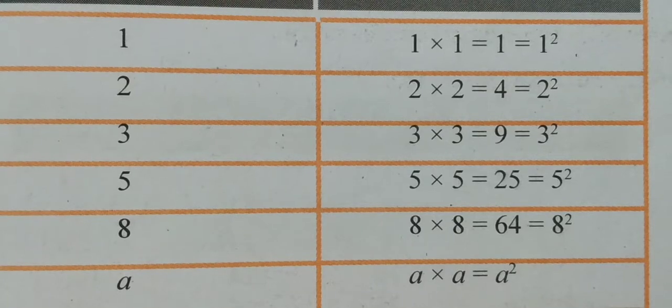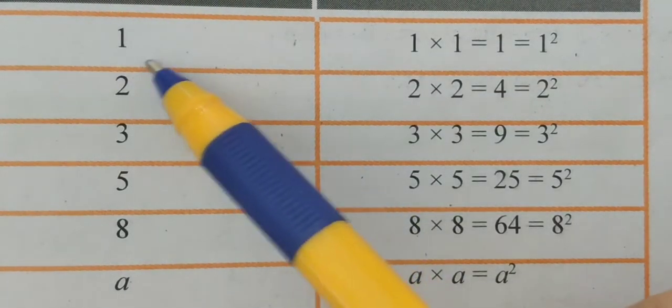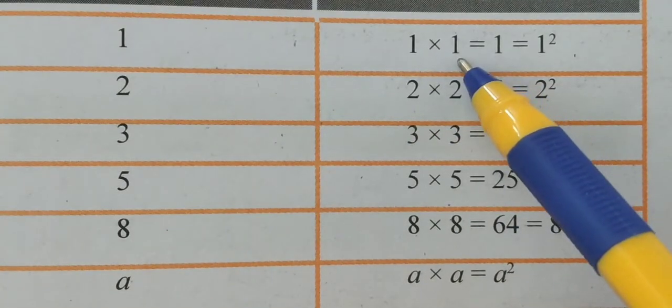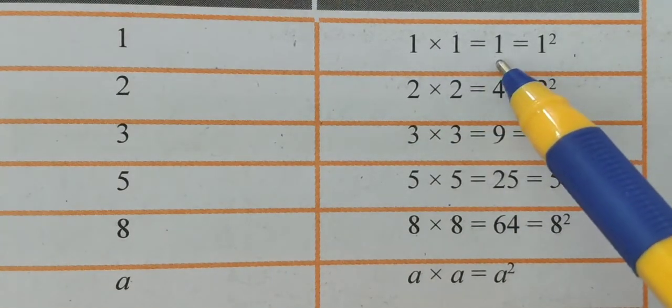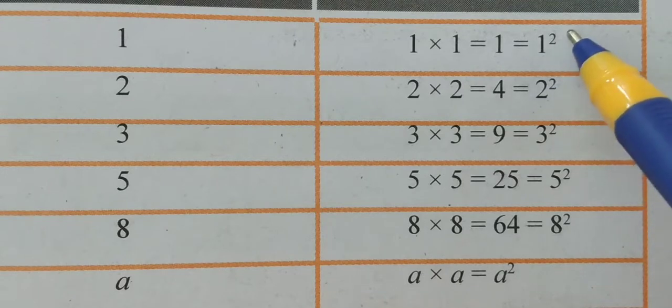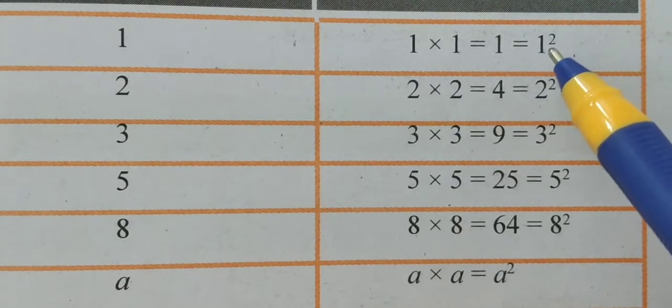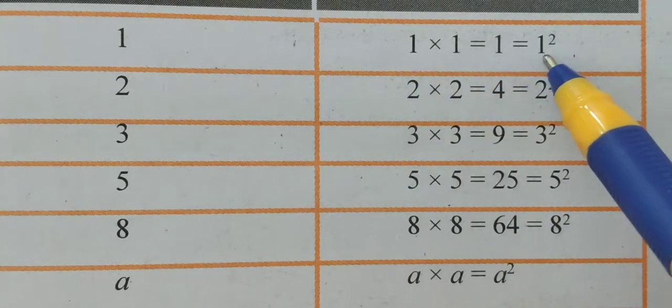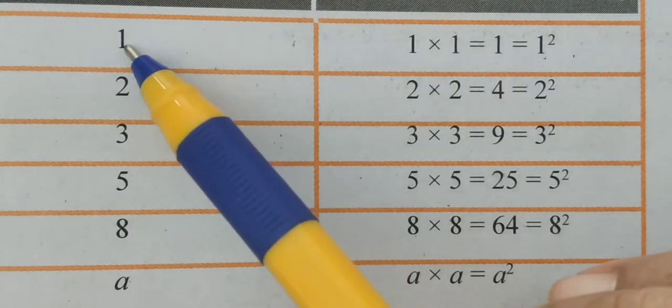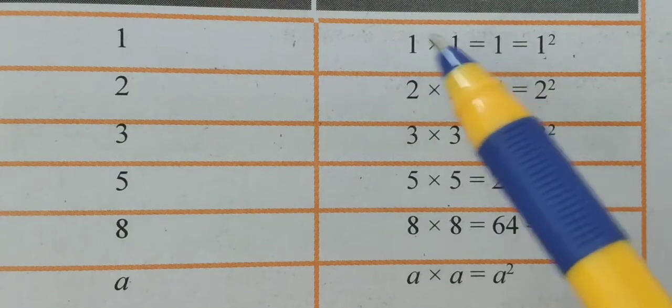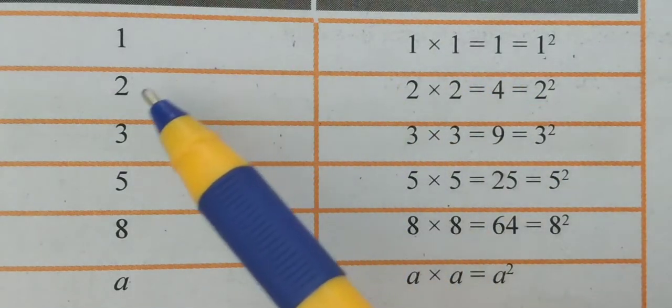If I talk about squaring 1, that means 1 multiplied by 1. That answer is 1, and you write it like this: 1 raised to 2, that is 1 square. Okay, and you take the reverse of it. Square root of 1 is 1. Out of the 2 you are going to take 1.